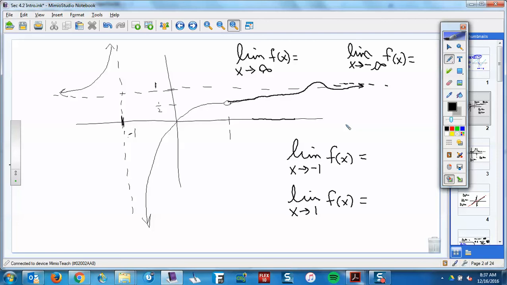Because remember, a vertical asymptote you would never cross because a vertical asymptote is where the function's undefined, and so you can't have an output there. But a horizontal asymptote doesn't have anything to do with the function being undefined, as you're going to see today. We get that mixed up because we think asymptote means it can't cross it, and that's not true. Asymptote means that it approaches that.